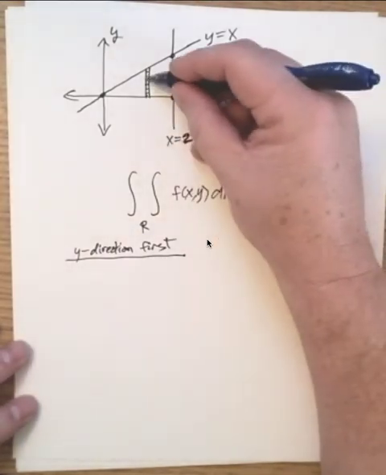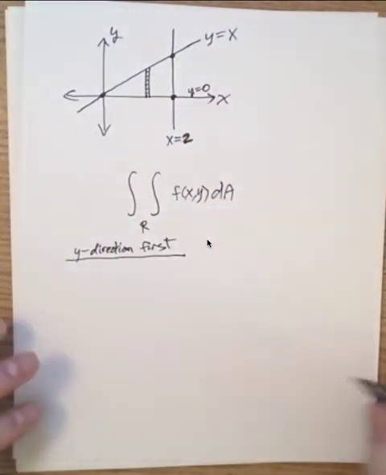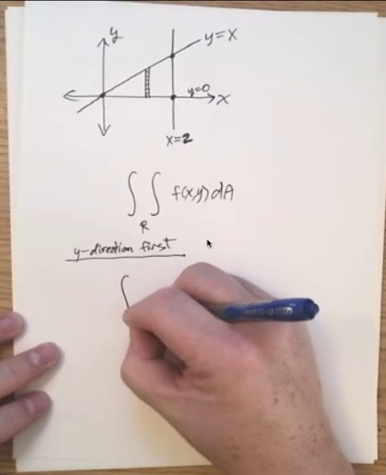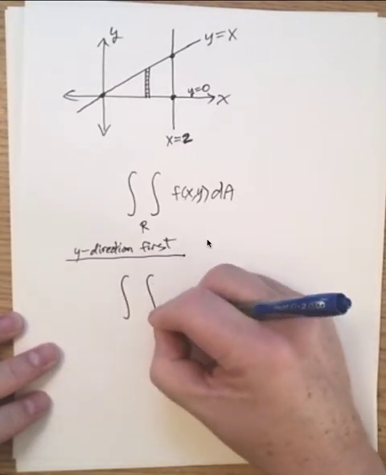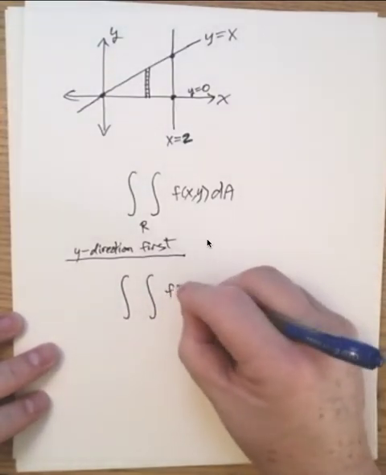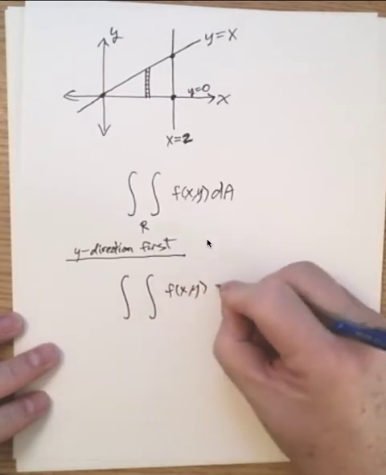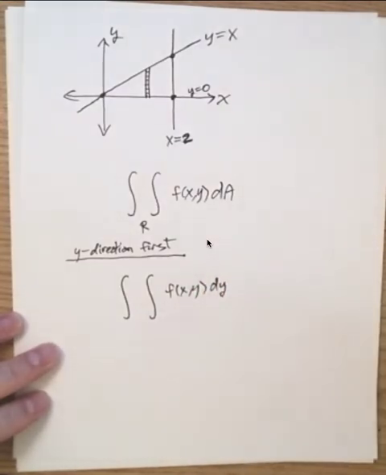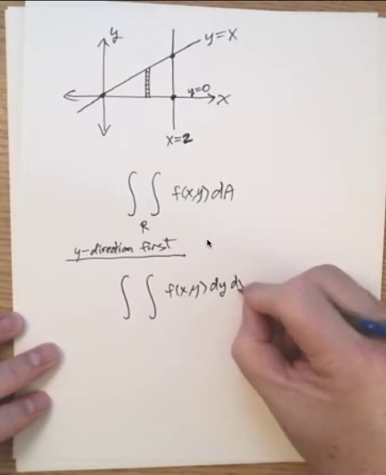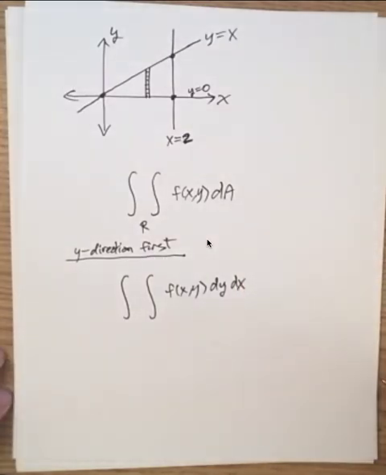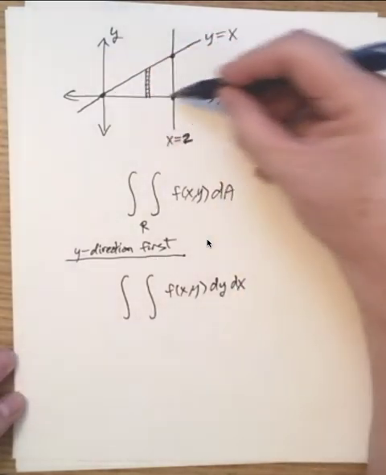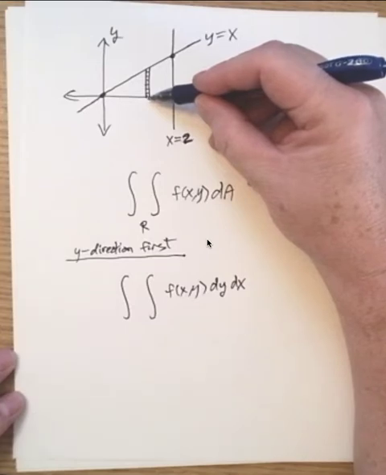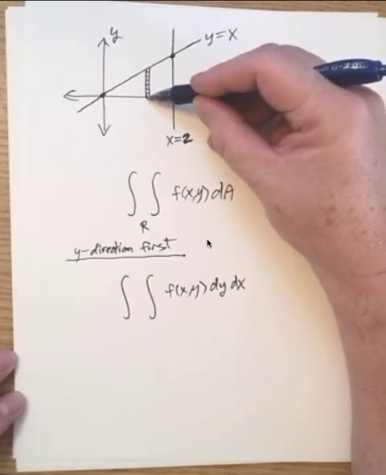I want you to think this way first. I'm going to integrate in the y direction first. I have f of x, y. I'm integrating in the y direction first, so I've got dy dx. So far, so good. Now what I'm going to think about is I've taken a particular value of x in this subinterval.